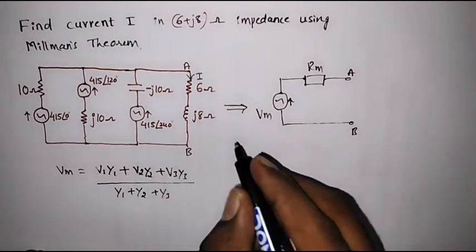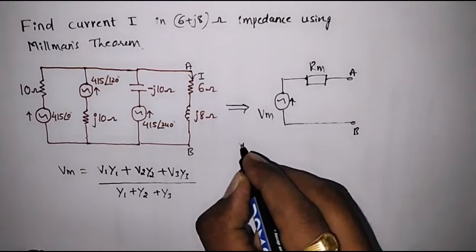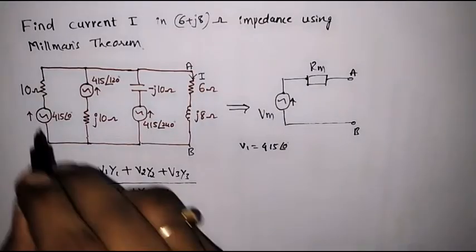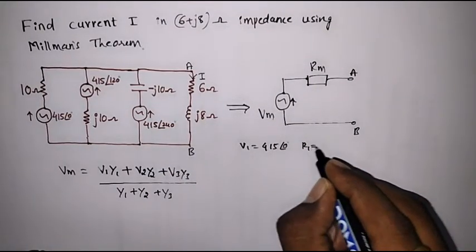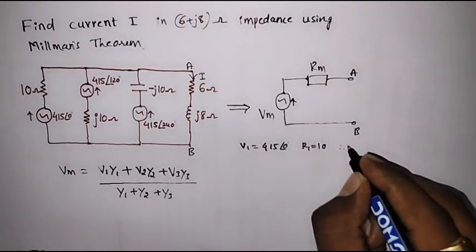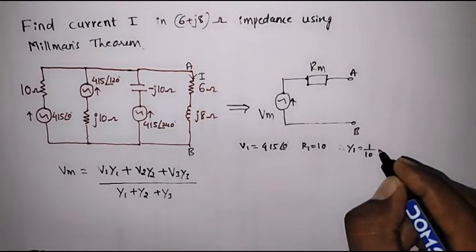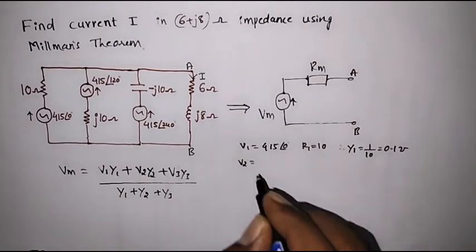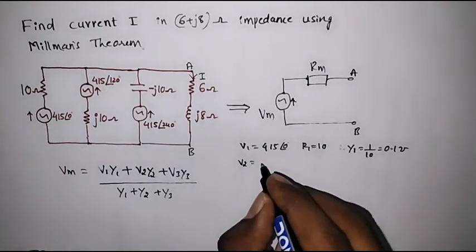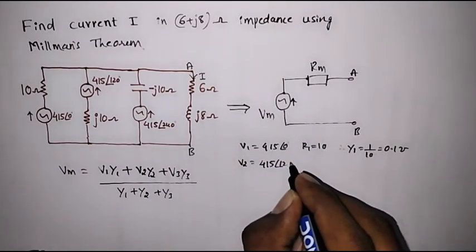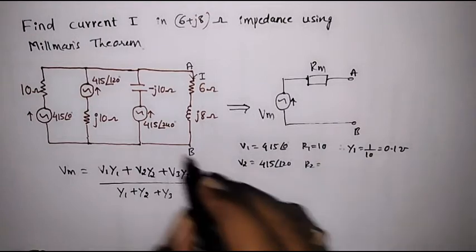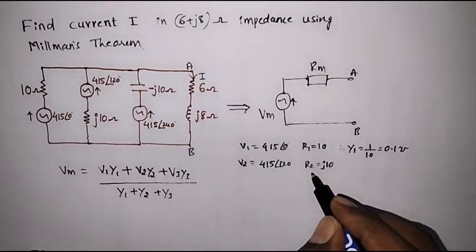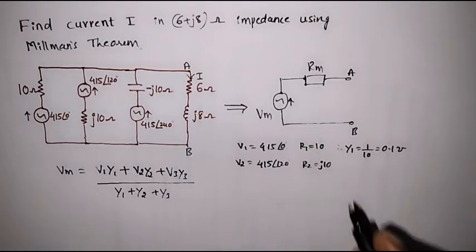So here in this problem, we'll note down the given things. Here V1 is equal to 415 angle 0 and R1 is equal to 10 ohm. Therefore, Y1 is equal to 1 over 10, which is 0.1 mho. Similarly, V2 is 415 angle 120. R2 is J10, or we can call it Z2, impedance or resistance, both are same.